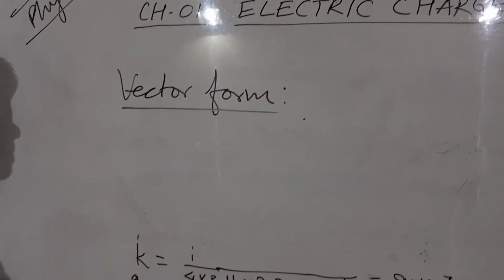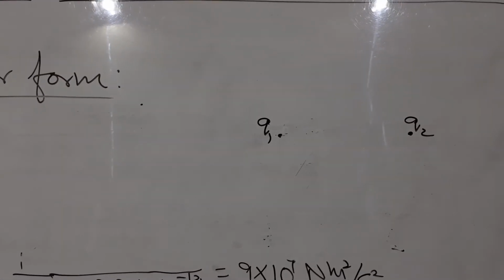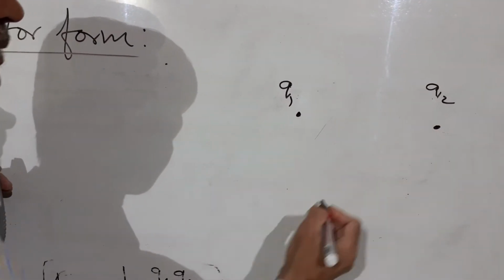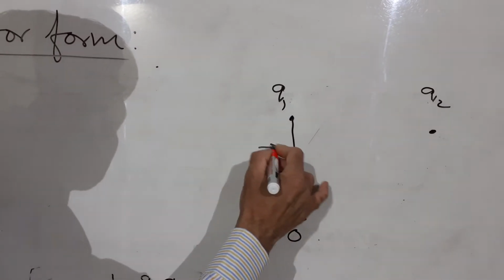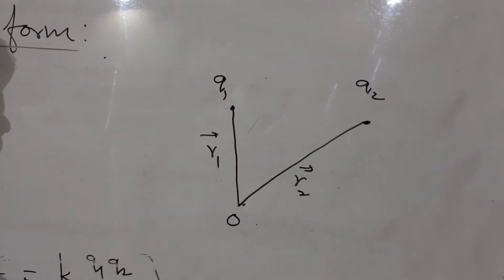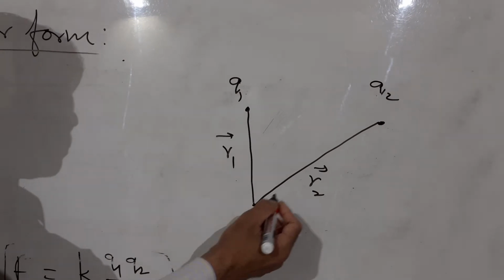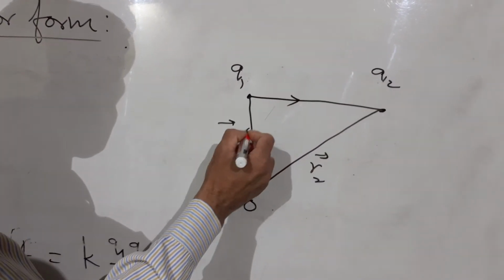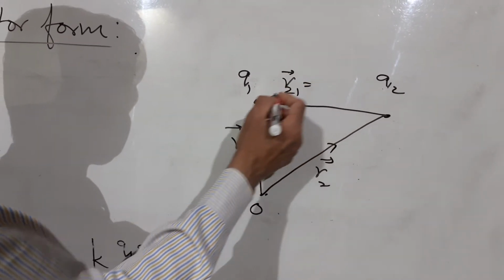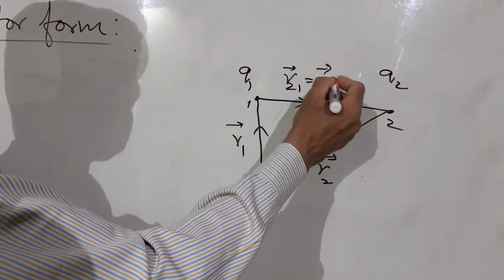Suppose that the two charges q1, q2 have position vectors r1 and r2 with respect to some reference point O. So suppose this is vector r1 and this is vector r2, representing the position vector of this charge q1 with respect to reference point O, and the position vector of the second charge with reference to this point O. Now if we join these two charges, this is a vector; according to the triangle law of addition of vectors, we can write this vector r21, the vector from charge q1 to charge q2, is equal to vector r2 minus vector r1.